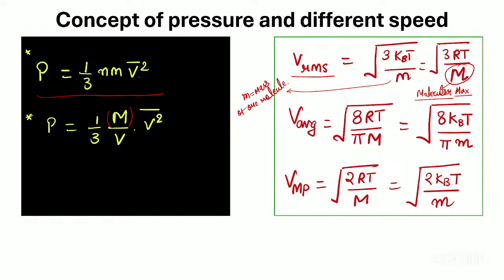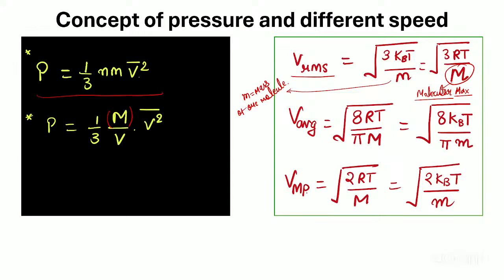V average here is the square root of 8RT upon πM, so this you need to remember. The temperature will be the same in all three velocities, but the coefficient is changing. So V_rms is the square root of 3RT upon M. V average is the square root of 8RT upon πM, which we can further write as the square root of 8k_BT upon πm, where k_B is the Boltzmann constant.